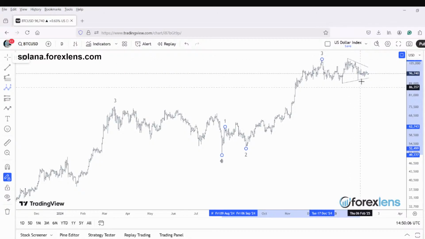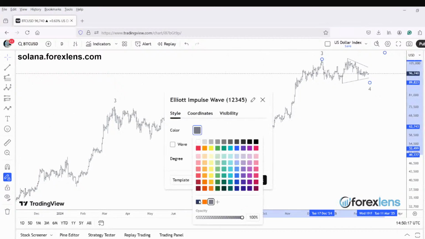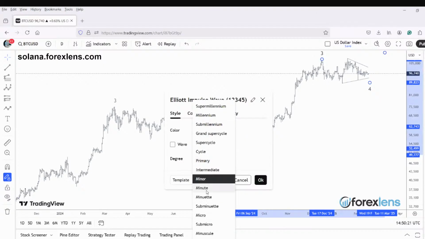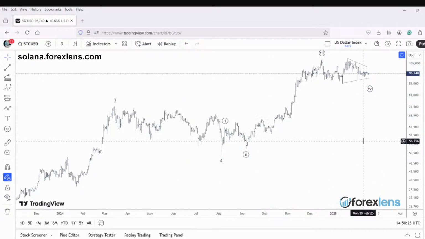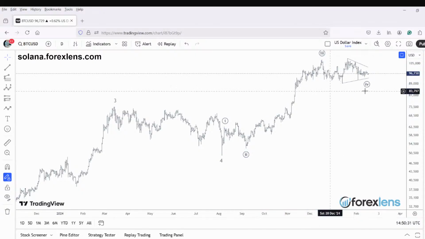So the triangle wave 4 may be complete, and again wave 5. Change the structure from minor to minute, and this minute wave 4 is unfolding as a triangle.